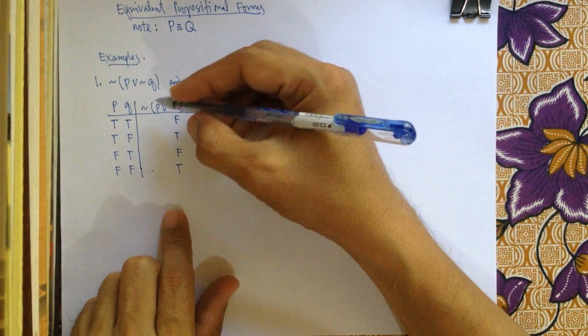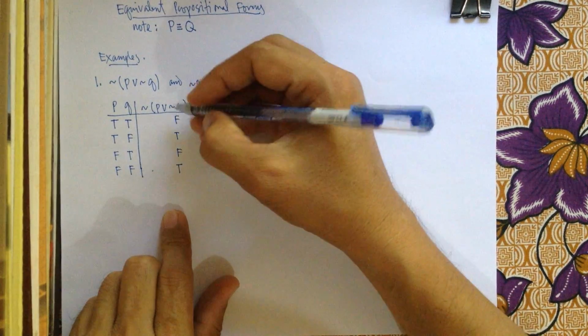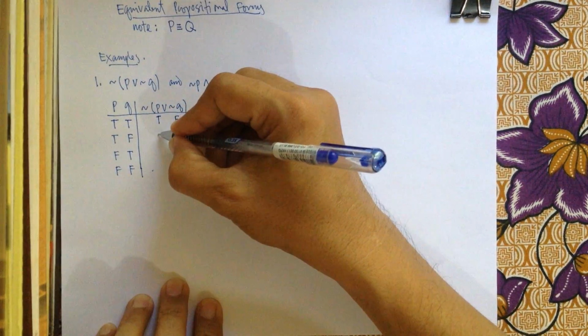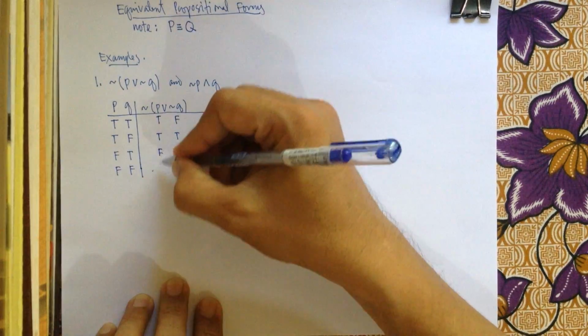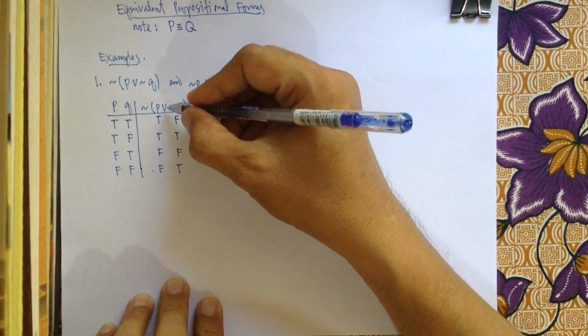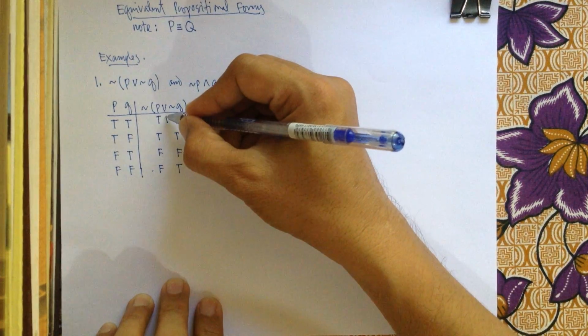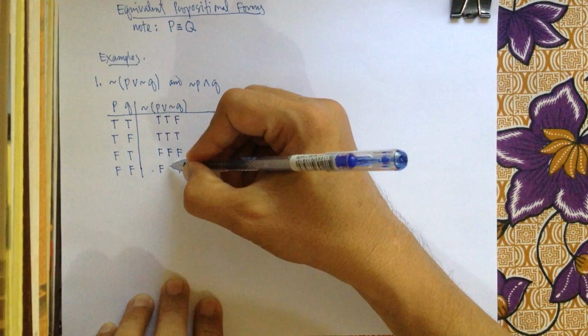To avoid confusion, let's just write the truth value for P, and then find the truth value for P or not Q. So this is true, true, false, true.